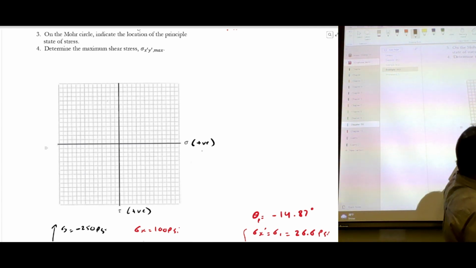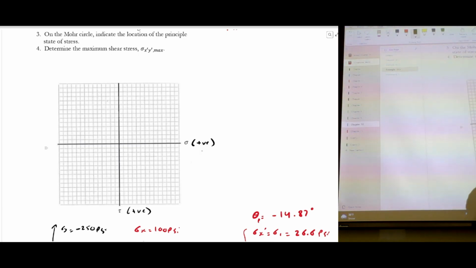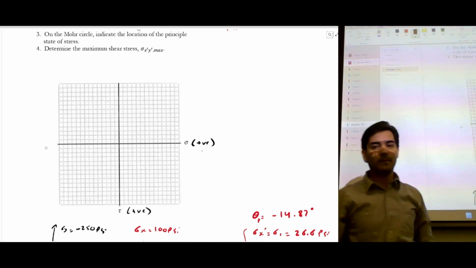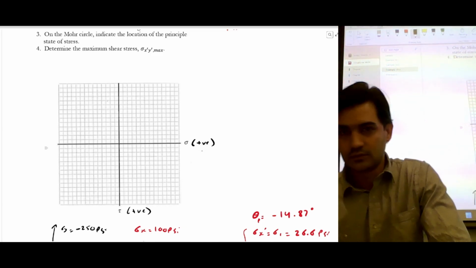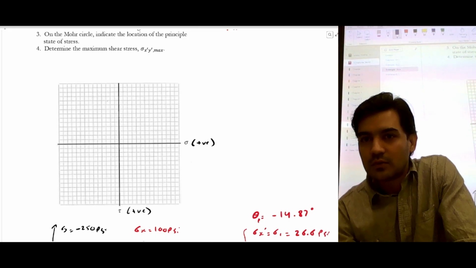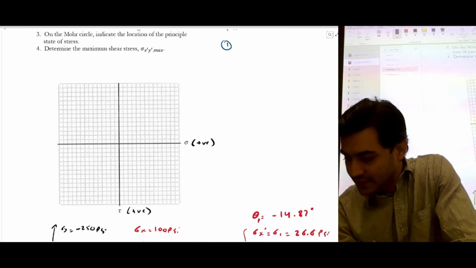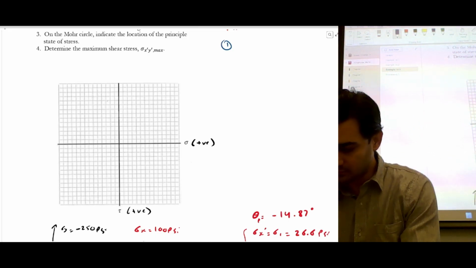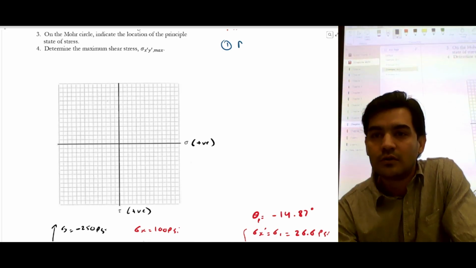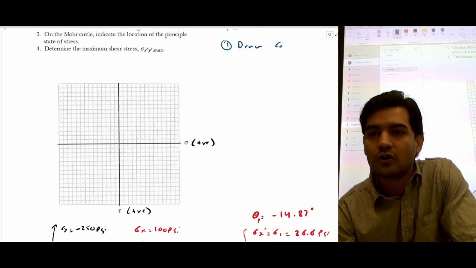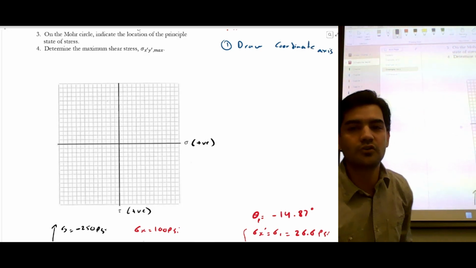So our positive normal stresses are going to be towards the right, and the positive shear stresses are going to be downward. So our first step is draw coordinate axes. So we have drawn these coordinate axes here.